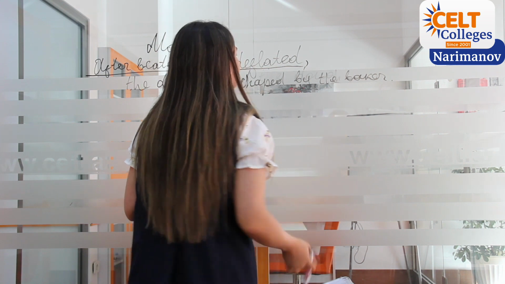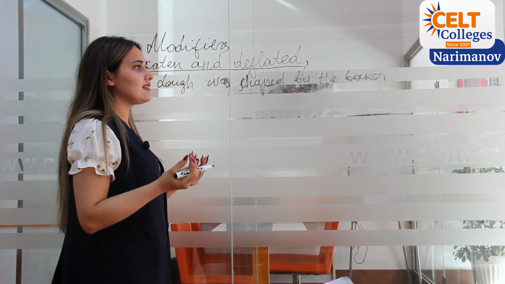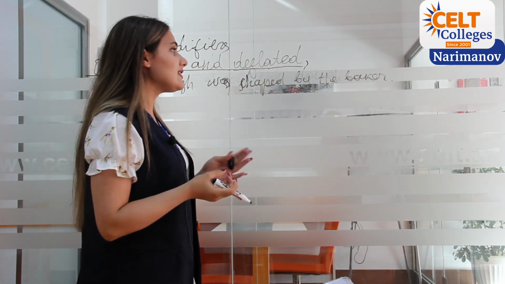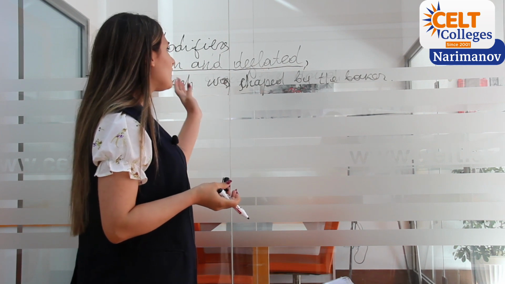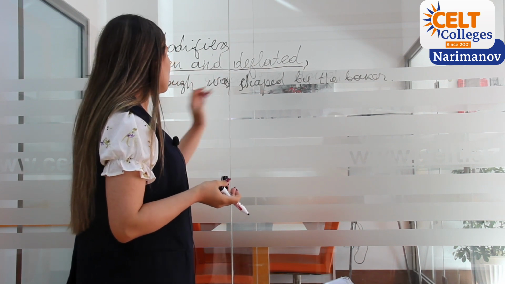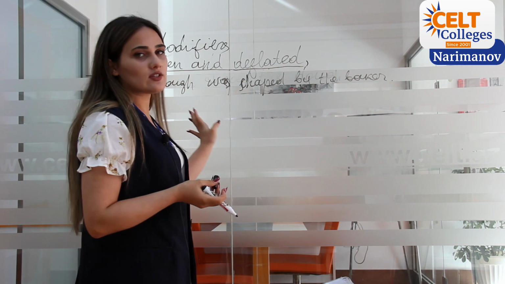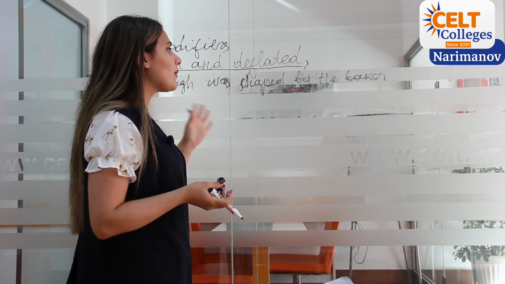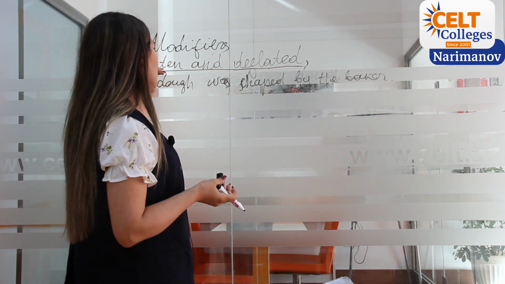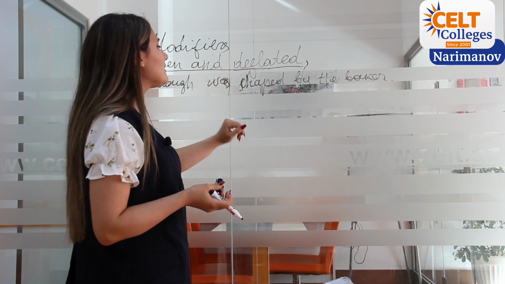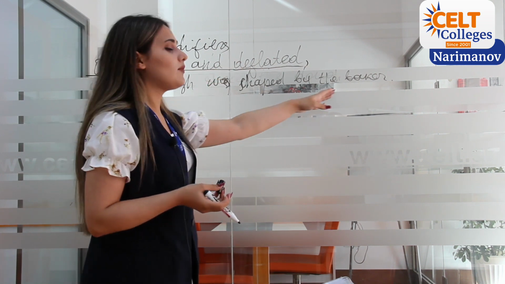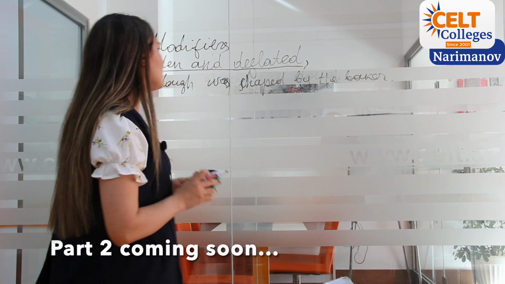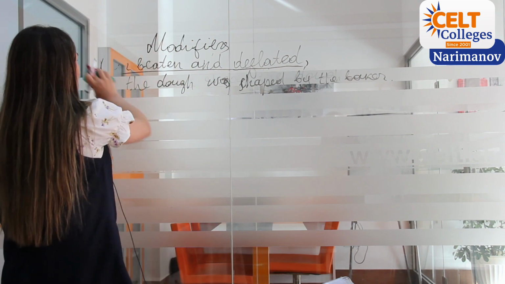So that's enough, and that's excellent information for the reader or the listener. The first time I read or hear this sentence, I will be firm about the idea that the dough is being beaten, the dough is deflated, and this action is done by the baker. Okay, let's pay attention to another example.